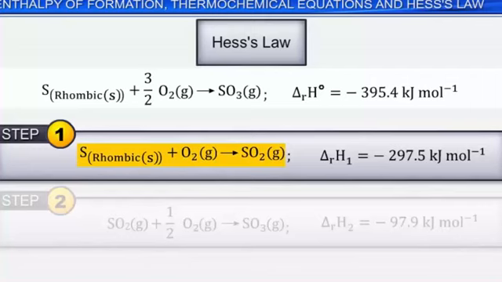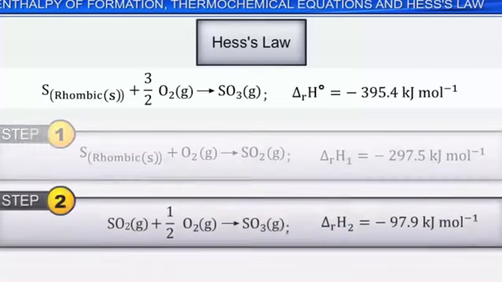The heat evolved during the chemical equation is minus 297.5 kilojoules per mole. In the second step, sulfur dioxide reacts with oxygen to form sulfur trioxide. The heat evolved during the chemical equation is minus 97.9 kilojoules per mole.